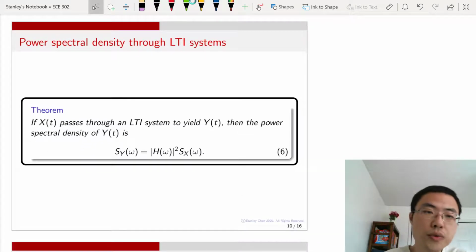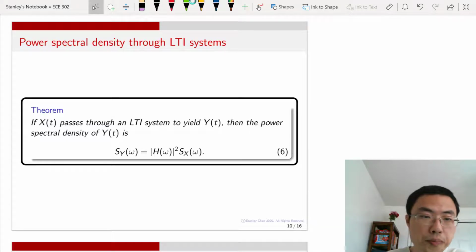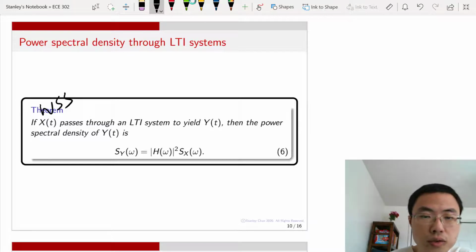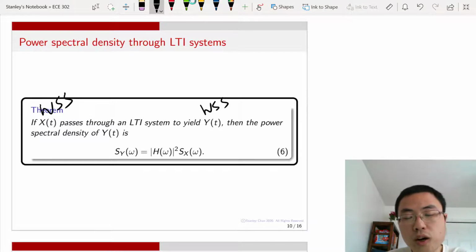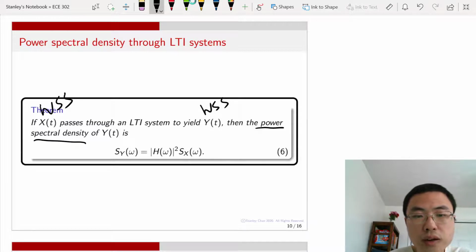So the last concept I want to introduce in this lecture is the notion of power spectral density of a wide-sense stationary process going through an LTI system. So the setting as before is that you have a wide-sense stationary process x of t, and you have a wide-sense stationary process output y of t. We claim that the power spectral density of y is given by the magnitude square of your frequency response.